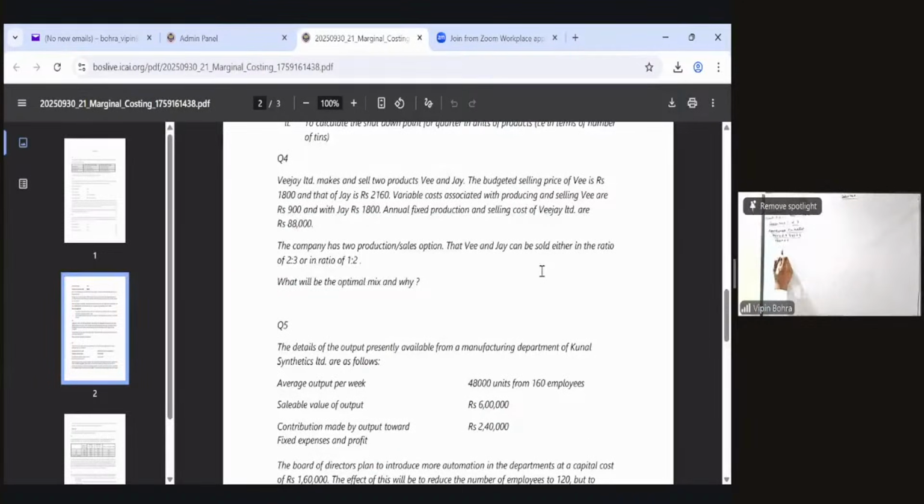1800 into 2. So this will be 1800 plus 1080 divided by 3600 plus the sales of the other product.